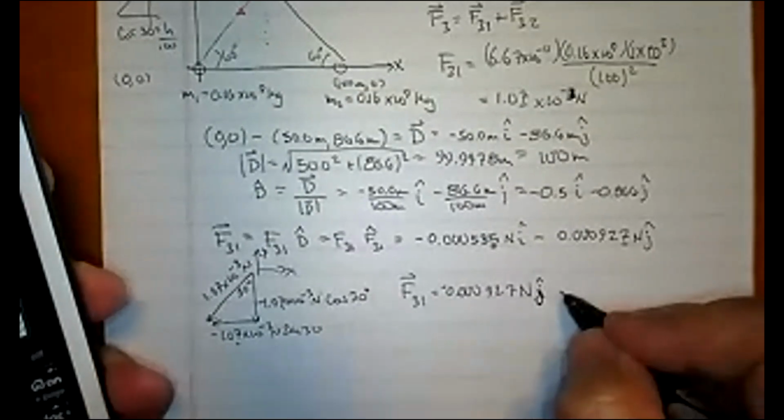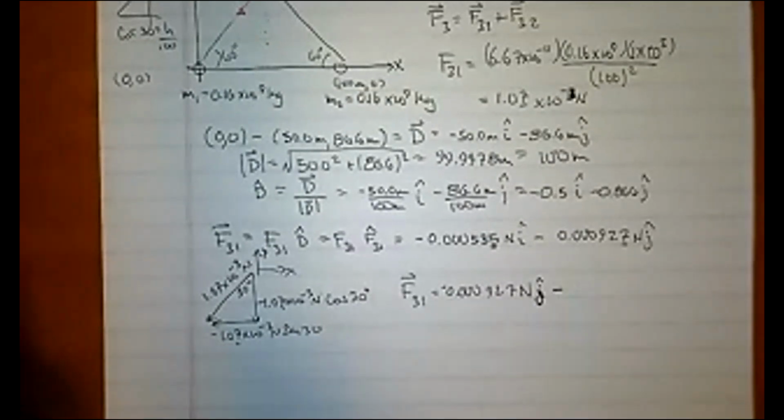And then with this one, I'm going to get minus 1.07 e to the negative 3 times negative sine of 30, which we know, of course, is 1/2.